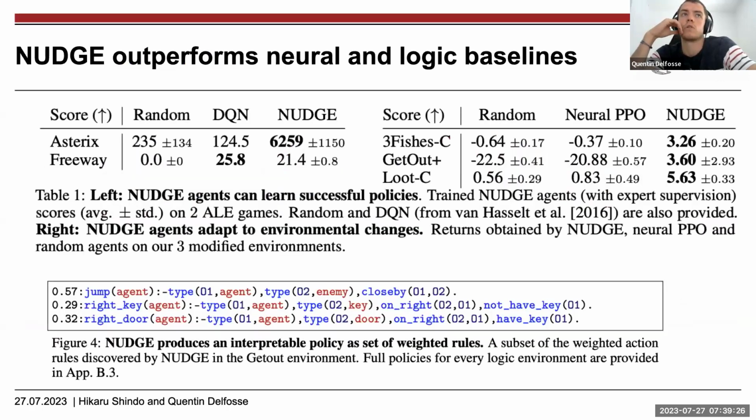Then we also evaluated our agents on Asterix and Freeway. You can see that we are pretty much on par with the deep approach, I mean the original approach, and we take DQN here. It's not the most up-to-date, but those games are actually not the most complicated ones.